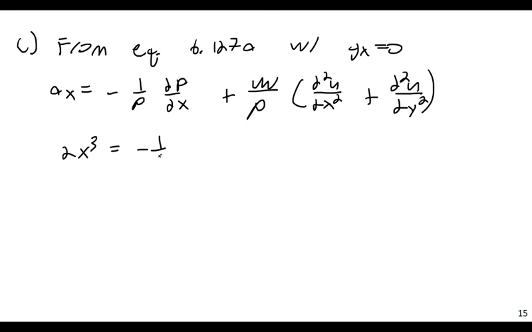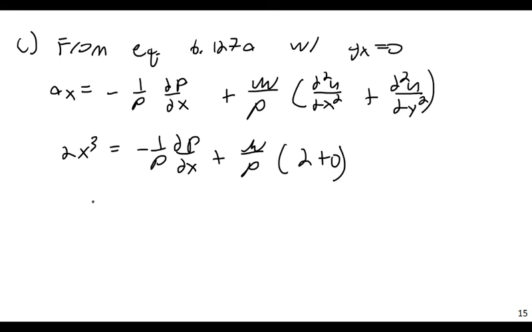So this equals, again, ax is 2x to the third equals negative 1 over rho times the partial of p with respect to x, which is our pressure distribution that we were looking for, plus mu over rho times, well, this is just going to be 2 plus 0. If we take the derivatives of them, it'll actually just be 2 and 0.